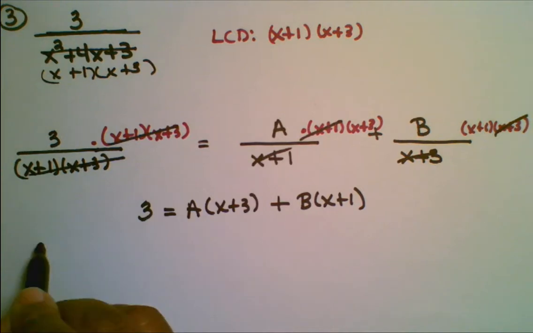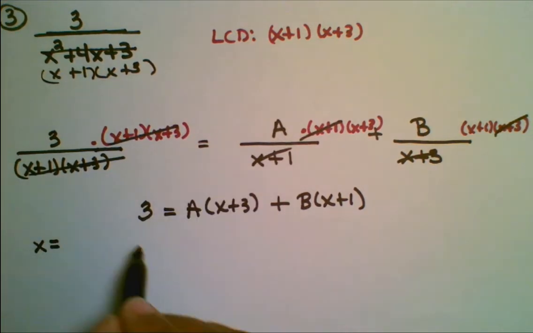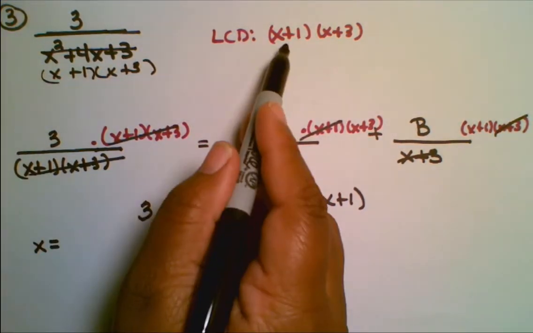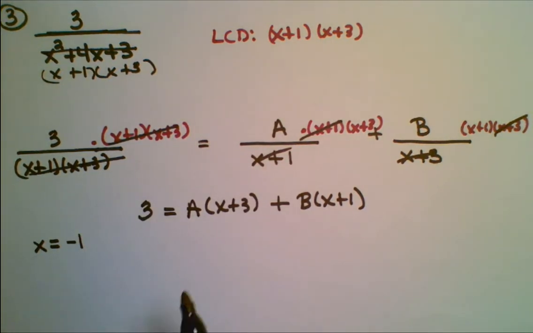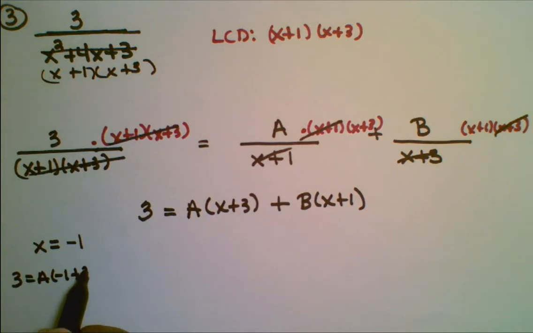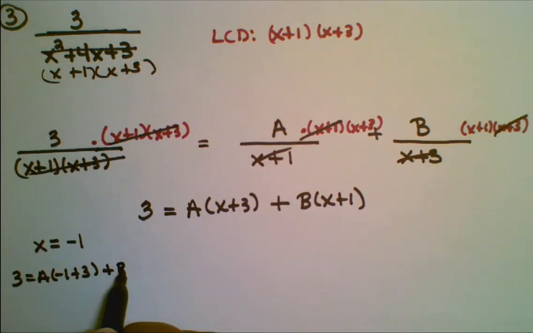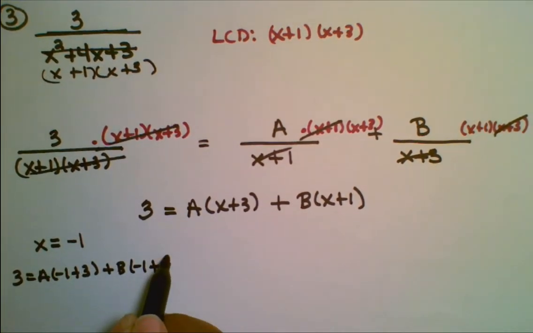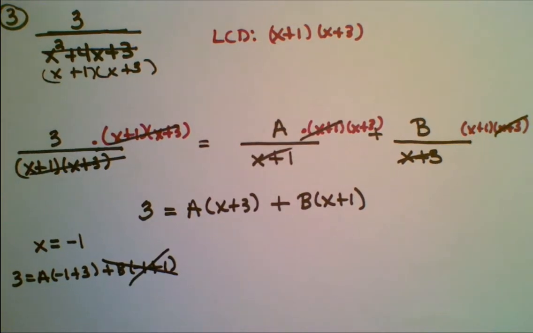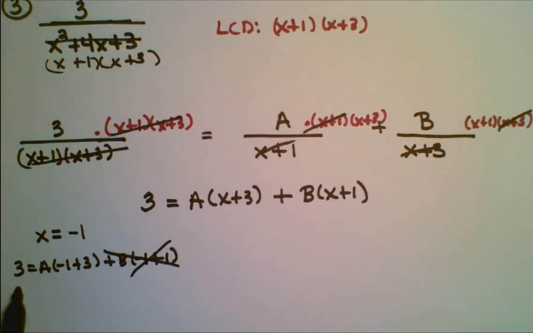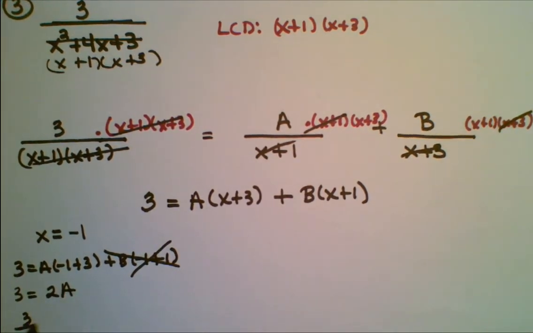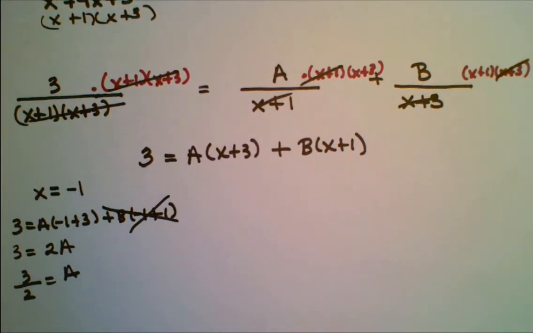So we're going to say, well, x equals, what's that, -1. So we have 3 is equal to A times -1 plus 3 plus B times -1 plus 1. The B's cancel out here, and we have 3 is equal to 2A. Solving for A, dividing by 2, we have 3/2.